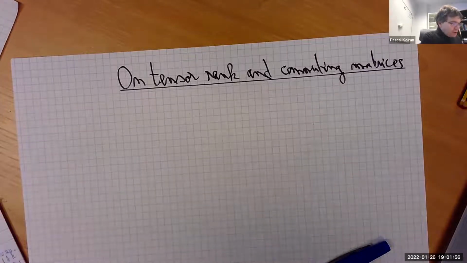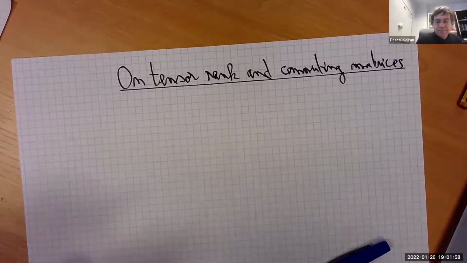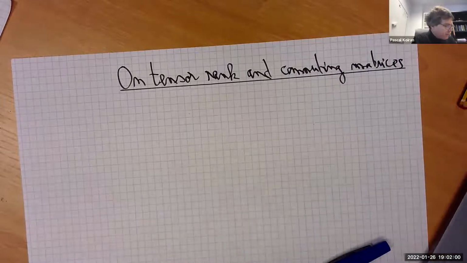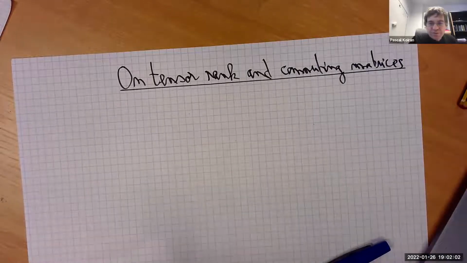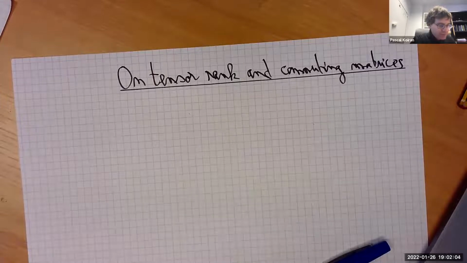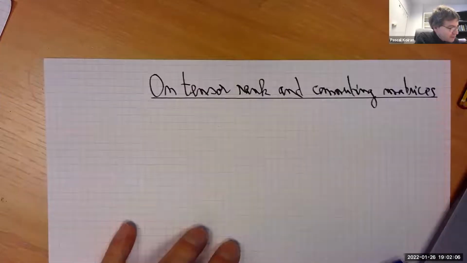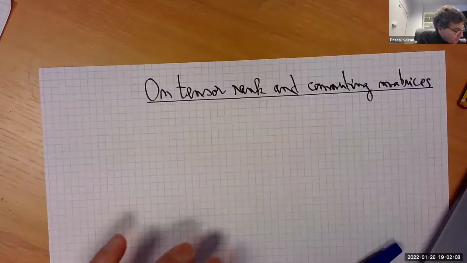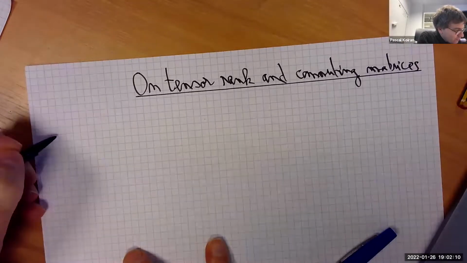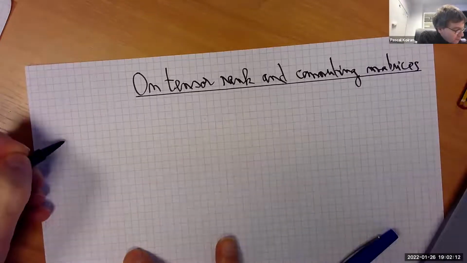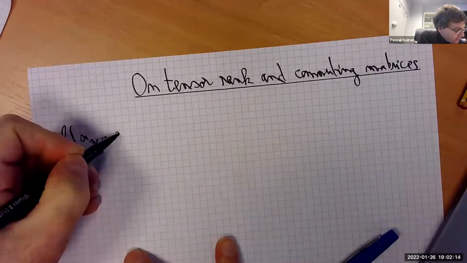Today I will talk about a very simple model of arithmetic circuits, namely sums of powers of linear forms. And we have seen that previously in this conference. Just to remind you, the model looks like this.